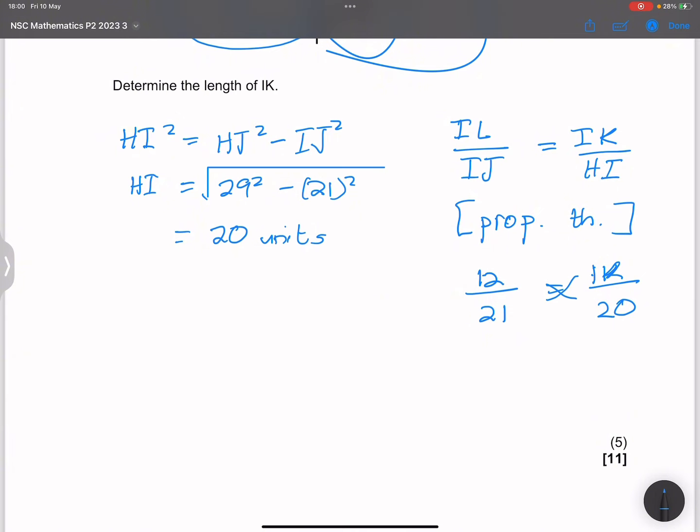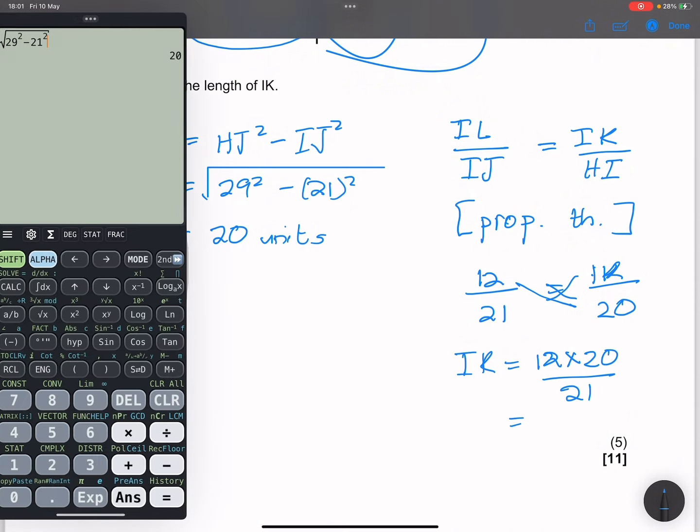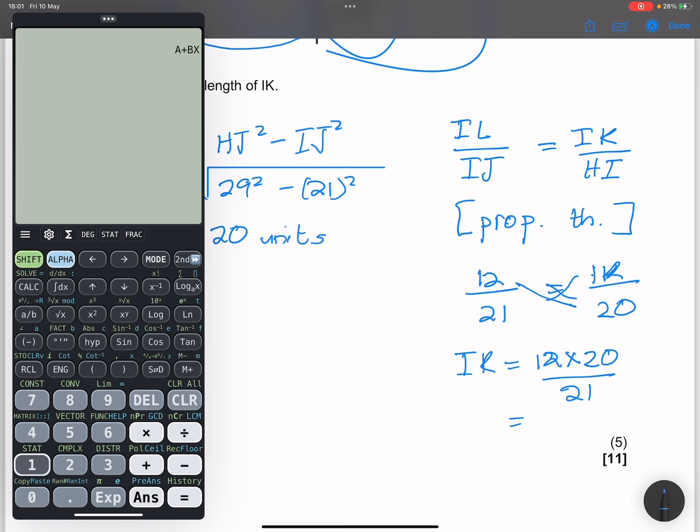So cross multiplying, IK would be equal to 12 multiplied by 20 and divide by 21. So let's find that answer quickly. That's 12 times 20, divided by 21. I get that to be 80 over 7.